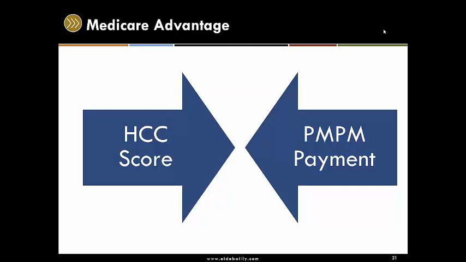So if you know your HCC score is high and that you have some complex patients, and you know that your Medicare Advantage plans are receiving a higher payment, it's important to understand your HCC scores, and this would give you opportunity to sit down with those Medicare Advantage plans when you're doing contract negotiations to talk about the impact of the HCC score on your payment as well.